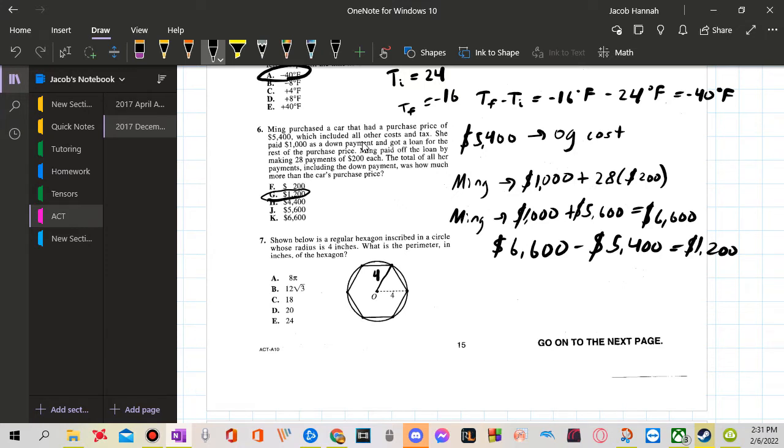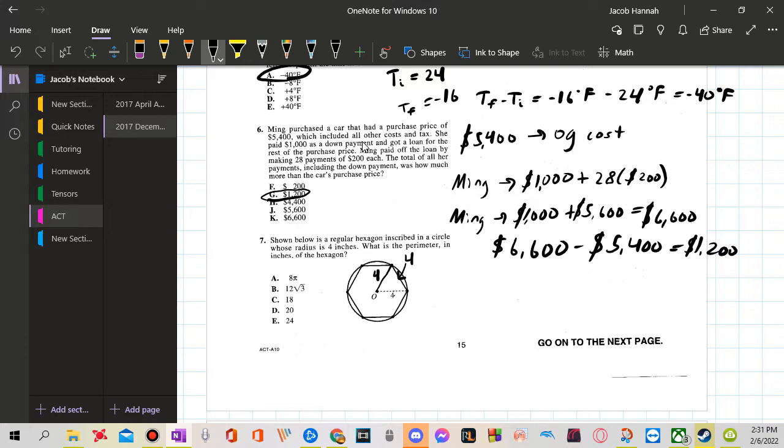An equilateral triangle has all the same sides. So if this is 4, and if this is 4, then this side must be 4. And in a hexagon, all the sides are the same.